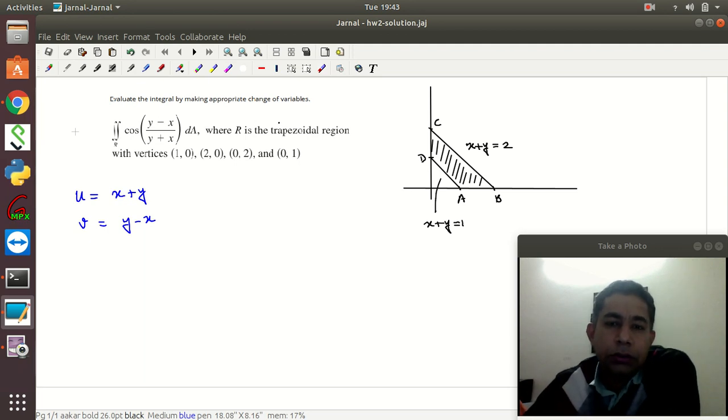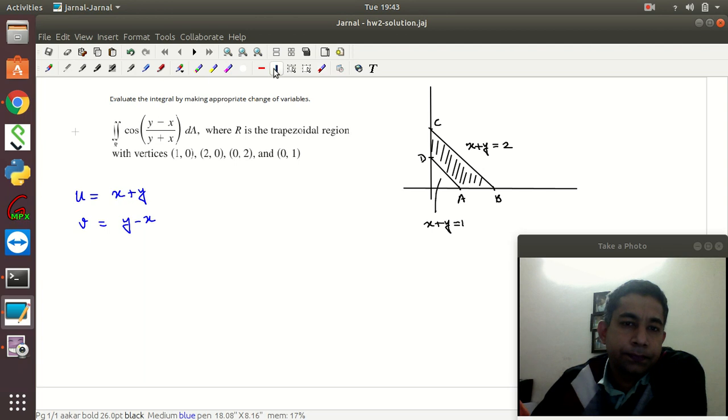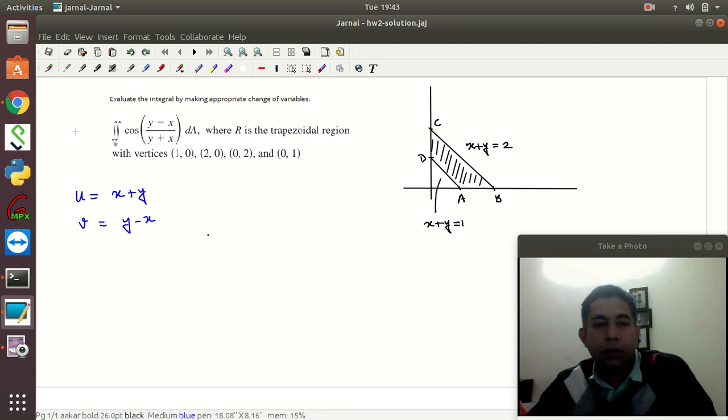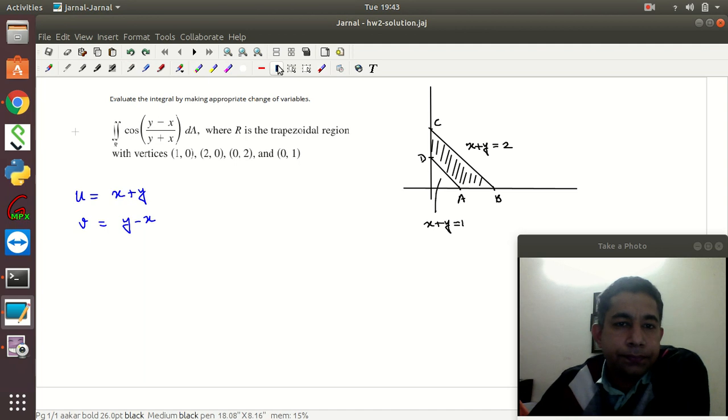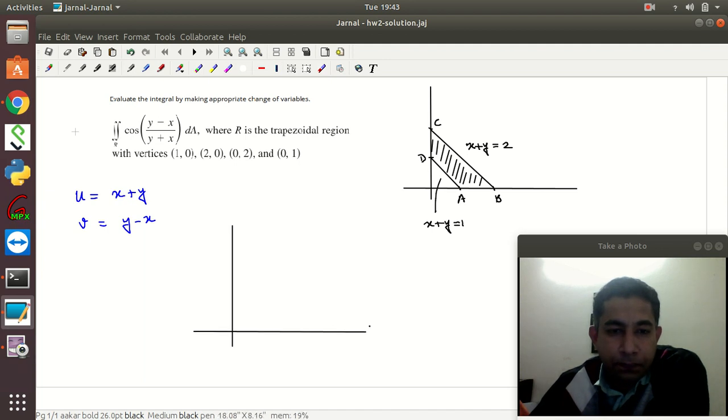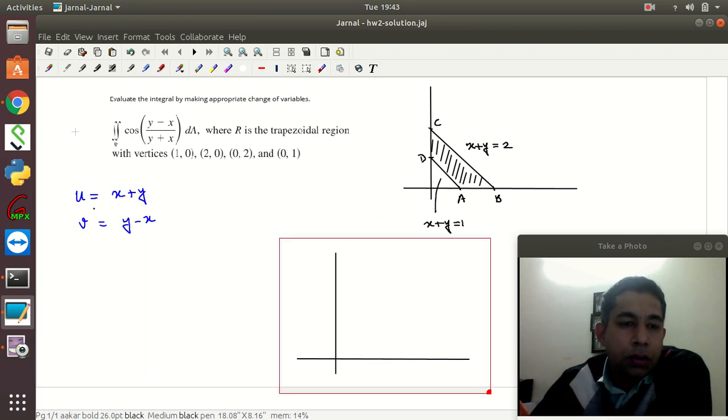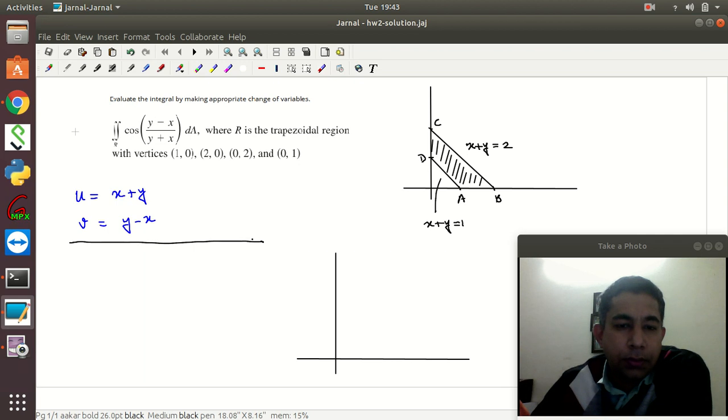All right, so let's describe line ABCD in the new variable u and v. I like black again. Okay, so let's work out line by line.